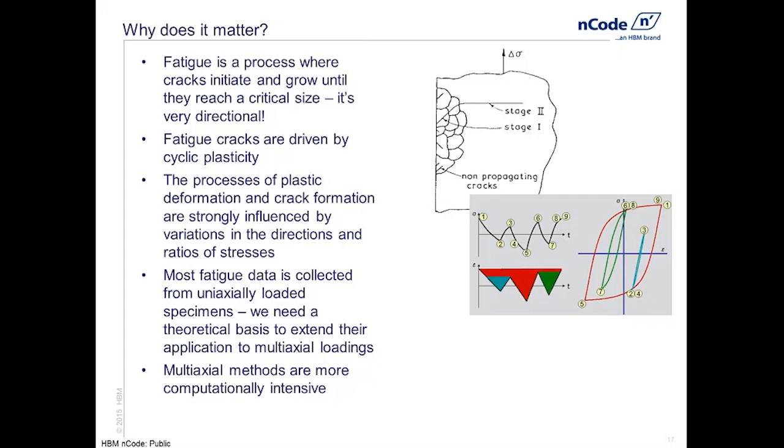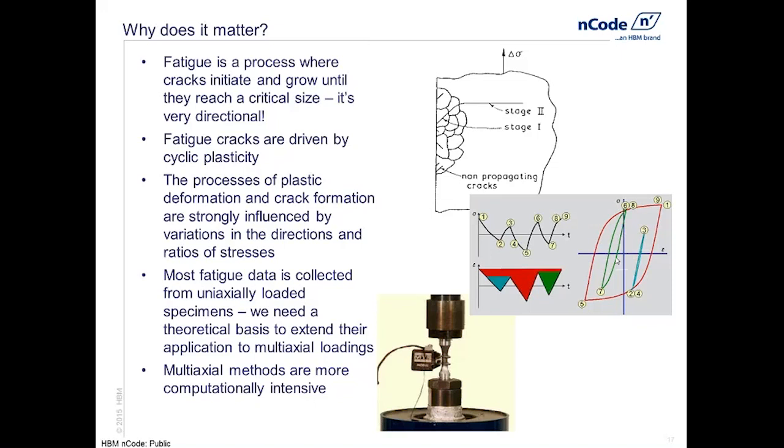So the process that we use for the local strain approach, which incorporates rainflow cycle counting, identification of the damage with individual hysteresis loops based on the turning points in the time history, works very well for uniaxial, and we can extend it to proportional, but when we get really multiaxial cases, the plasticity processes are very much affected too.